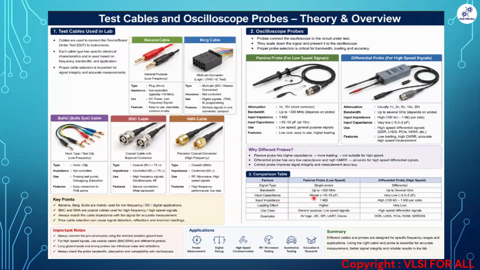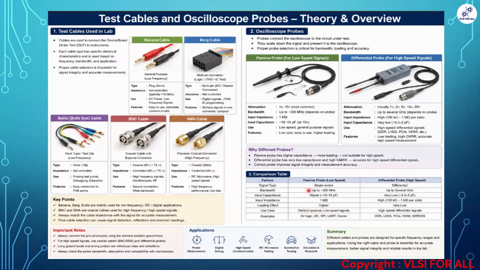Input capacitance will be higher in passive probes and low in differential probes. Input impedance is 1 megaohm in passive, and in differential it is higher. Loading effect is higher in passive probes, and in differential probes the loading effect is very low.